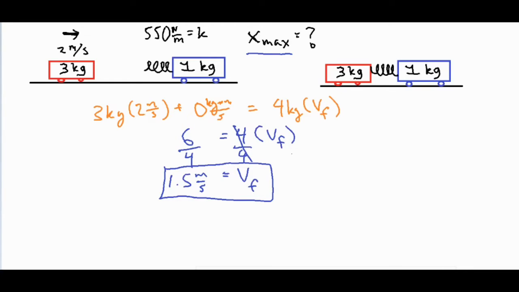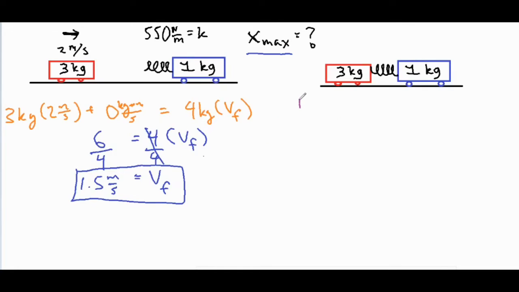Now, in addition to that, we're going to take a look at everything in terms of energy. We have a few different types of energy going on here. We have the kinetic energy of the 3 kilogram cart at first, and that seems to be all that we have for initial energy. Then, using the conservation of energy, we have some energy after the collision, which would include the kinetic energy of the carts combined.